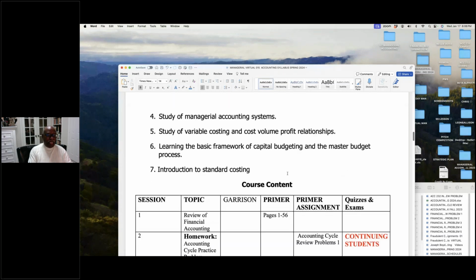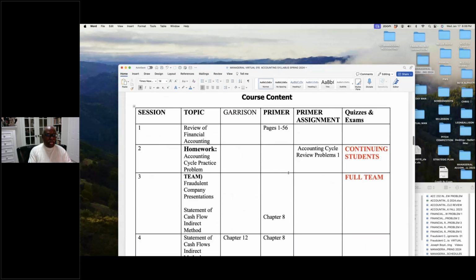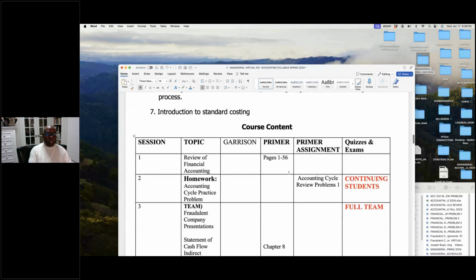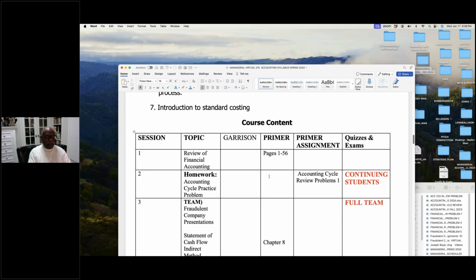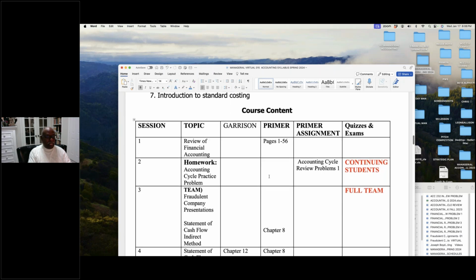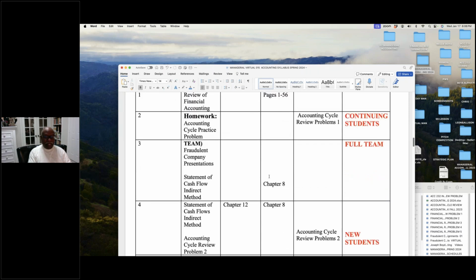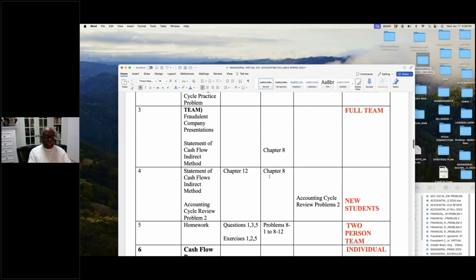This is the syllabus in terms of how we proceed, but I don't lock you into this. I look at where we are and where I think we need to be. If we need to slow down, we do that. If we need to speed up, we do that, but that's seldom the case.